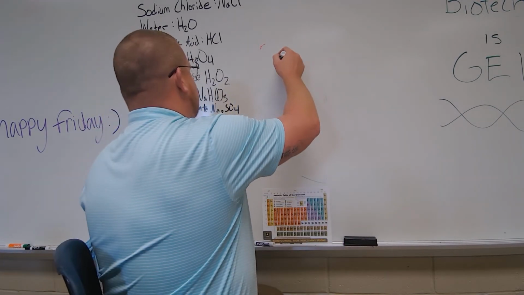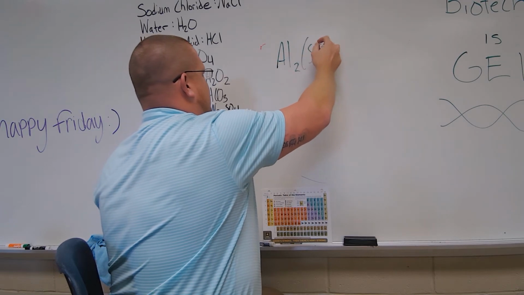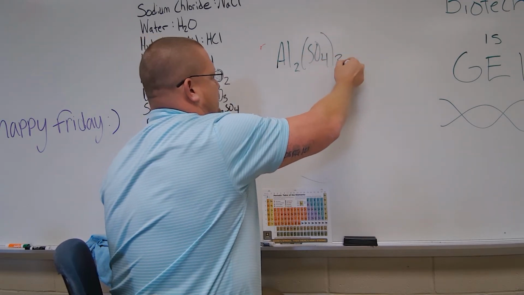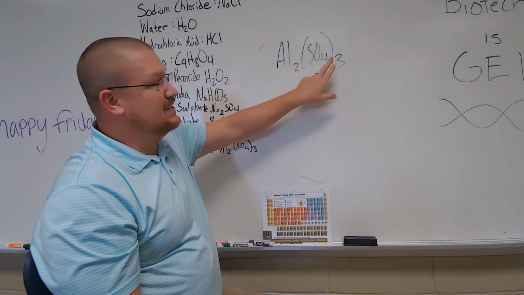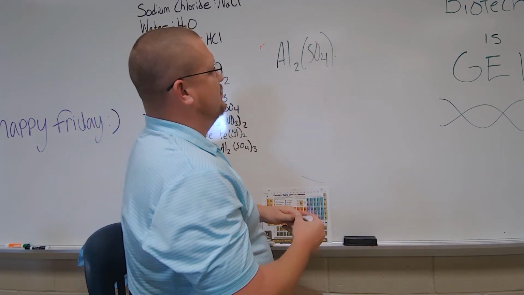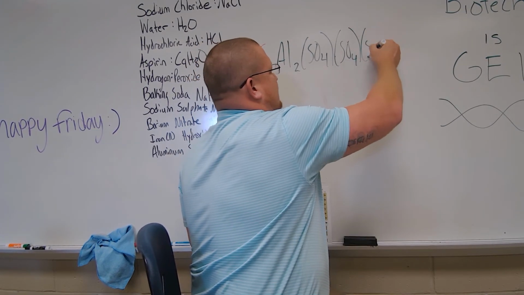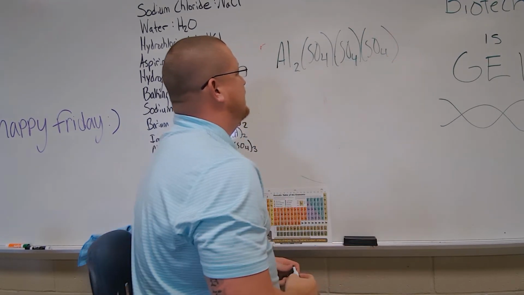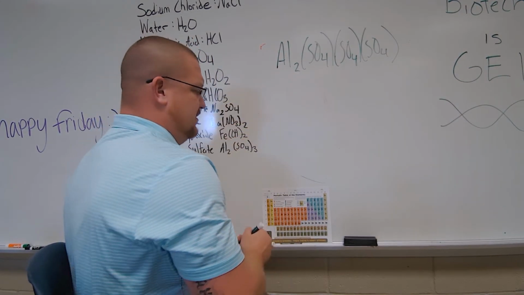All right. Aluminum sulfate, Al2, right? SO4, 3. So same thing, right? This 3 means there's 3 of these. All right, so we're just going to get rid of that. SO4. SO4. Right? So there are 2 aluminums.